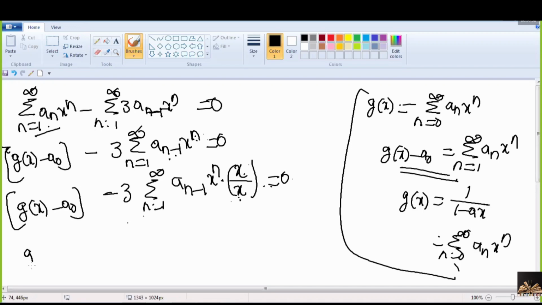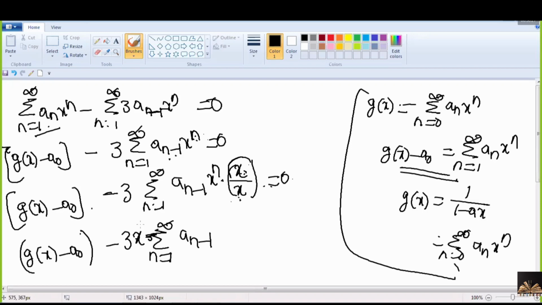Now I can rewrite this as g(x) minus a_0 minus 3x into summation of n equal to 1 to infinity a_(n-1), whatever is there in the numerator that I have written here, and x^n, what is left? x^n by x. I can write this as x^(n-1) equal to 0.